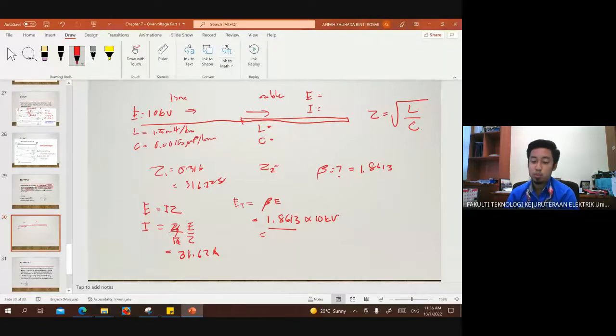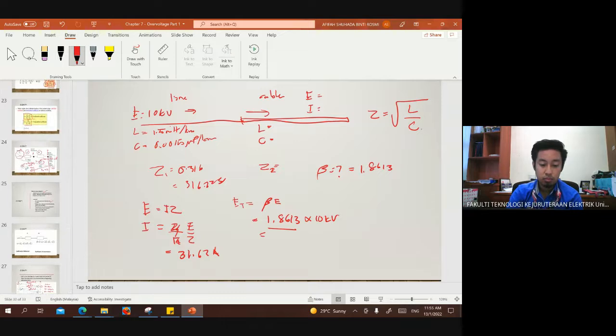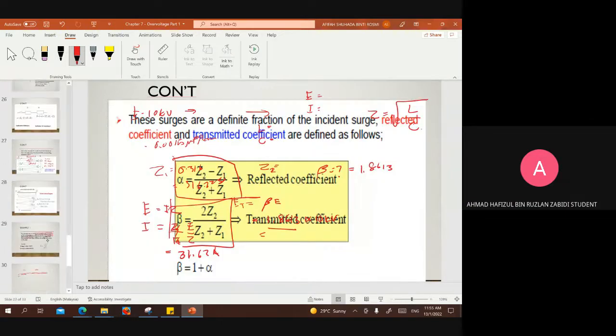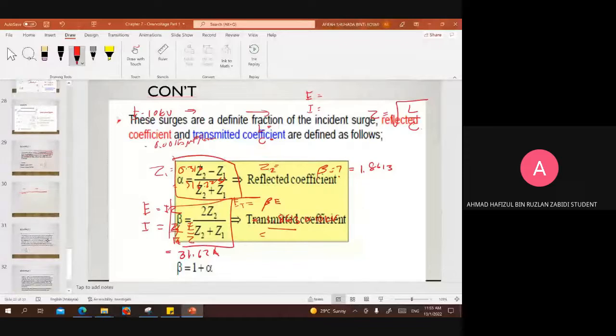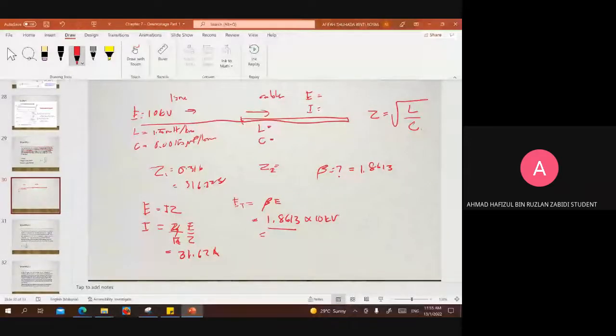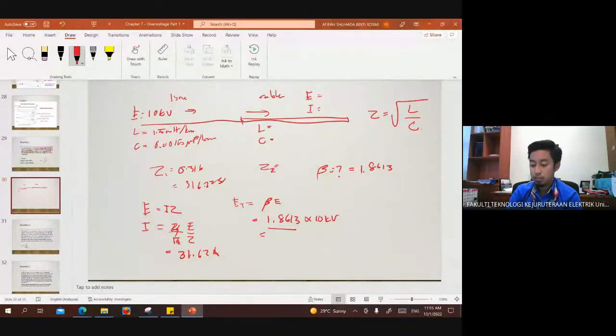Nilai Z2. Sekarang tu, terbalik dah, Z tu kat mana? Nilai Z2 berapa? Beta sama dengan 2Z2 over Z1 plus Z2.